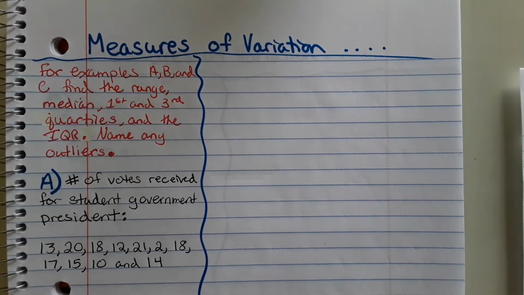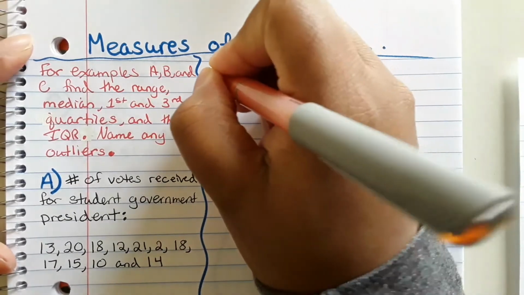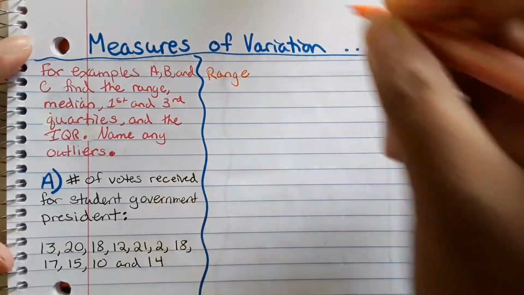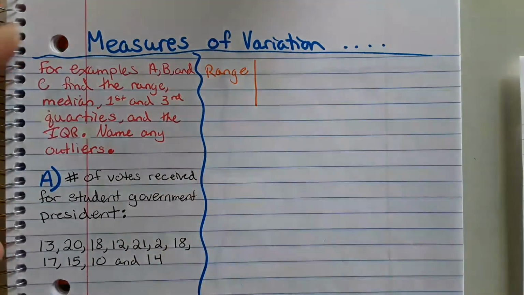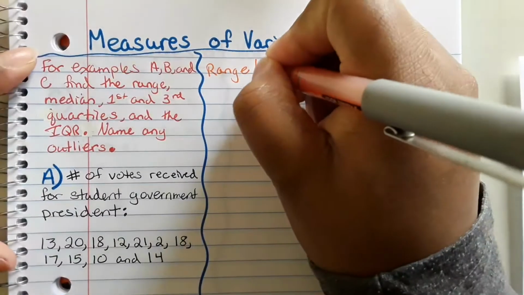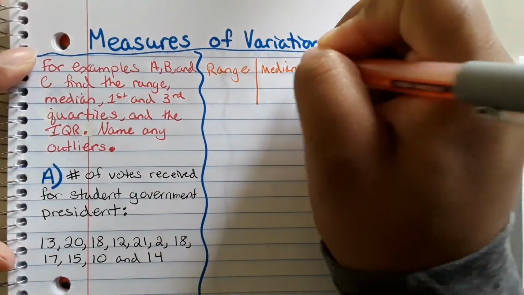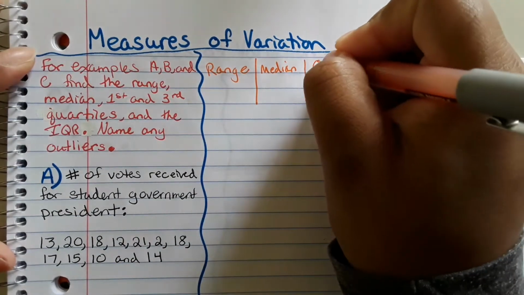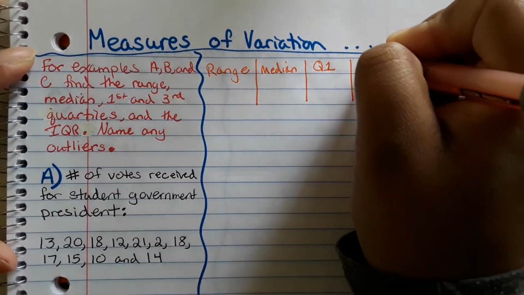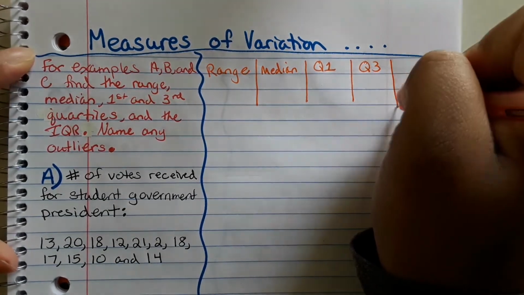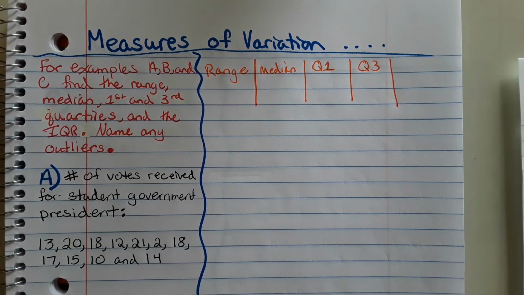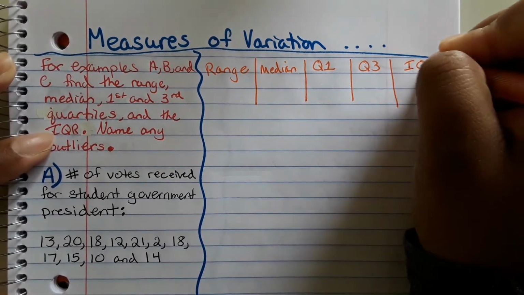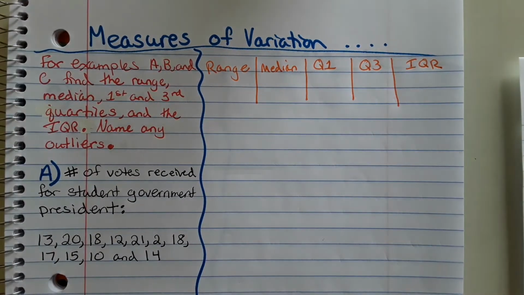To make my data as neat as possible, I'm going to identify the area where I'm going to write each answer: the range, the median, and again, we know median means middle number. Then quartile 1, quartile 3, and ultimately our IQR, our interquartile range. After we find all of those, then we'll go back and find the outlier.